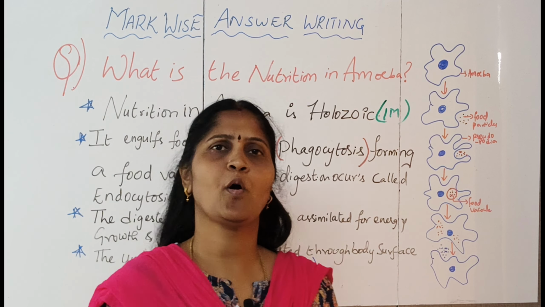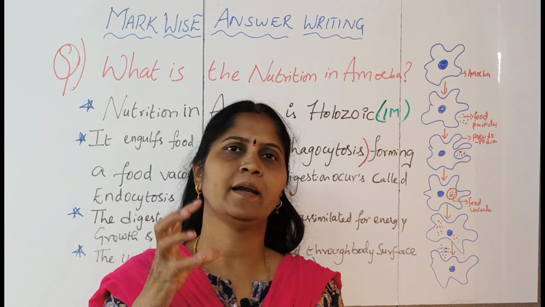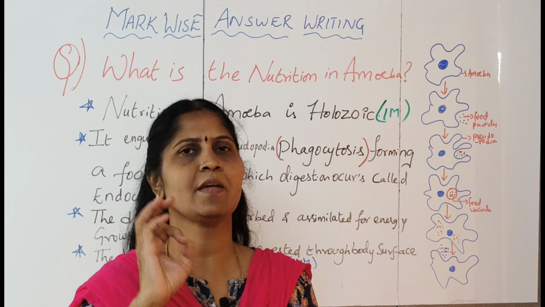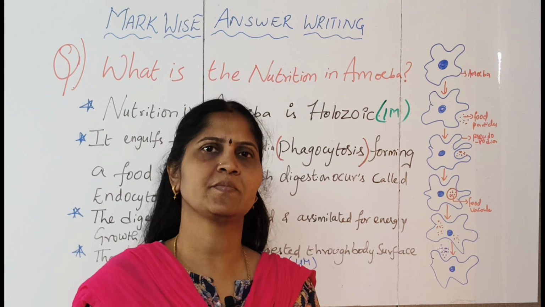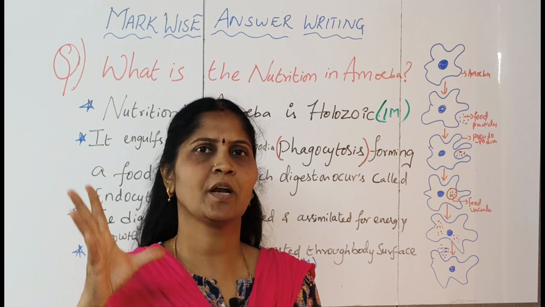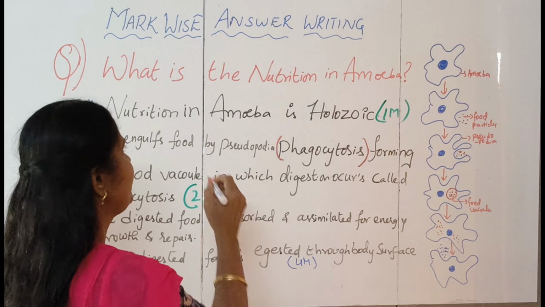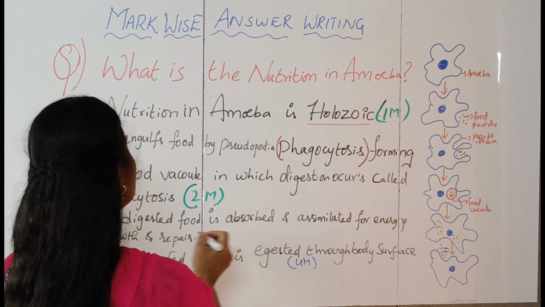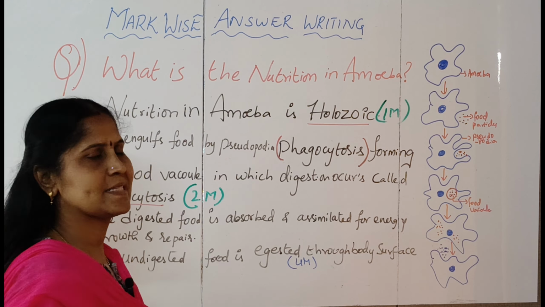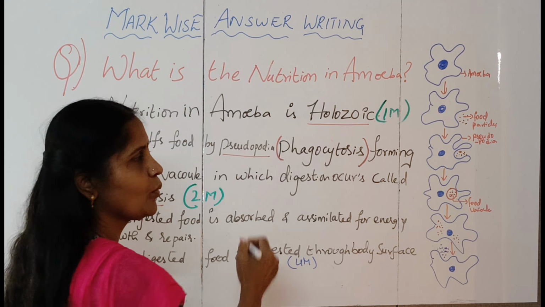And most importantly, you should underline the keywords which are very important. During correction, an invigilator will check for the keywords. If the keywords are there, you are sure to get your marks. If it is for 1 mark, the keyword is just holozoic. If it is for 2 marks, you have endocytosis, another term that has come up, and also you can underline pseudopodia.